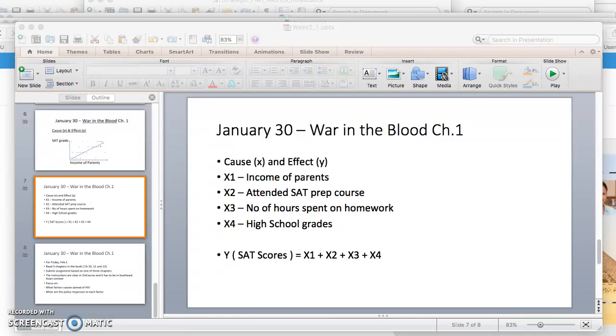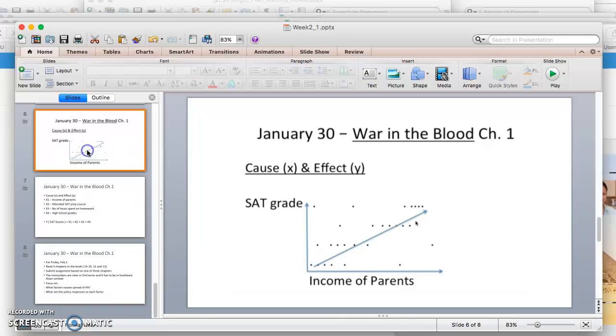Okay, as we continue with the cause and effect example, we saw in the previous graph how SAT grades are the effect of the cause of higher income among parents. It may not be the case 100% of the time, but in most cases.